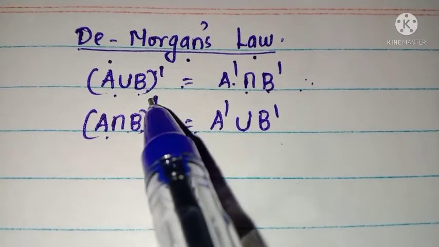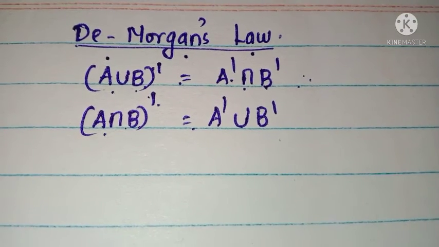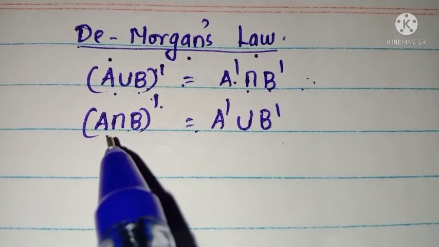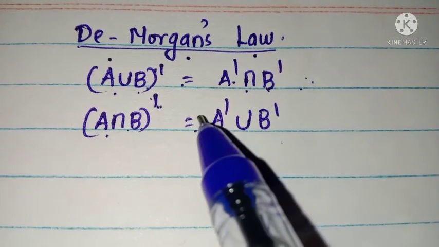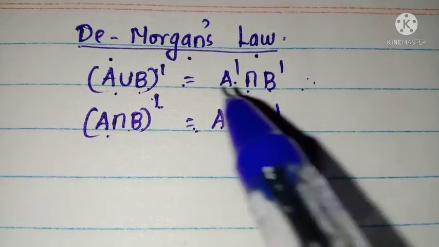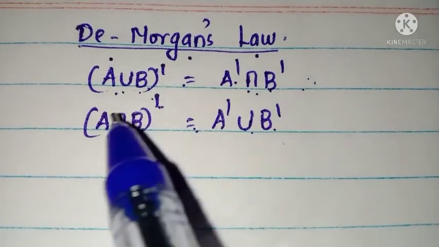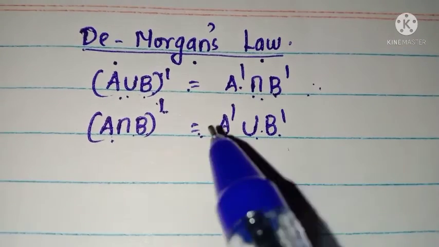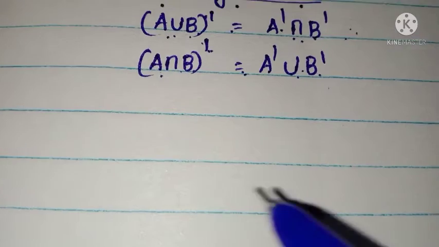One is (A union B) the whole complement equal to A complement intersection B complement, and second one, (A intersection B) the whole complement equal to A complement union B complement. Okay. If it is union, then it is intersection. Look at here.